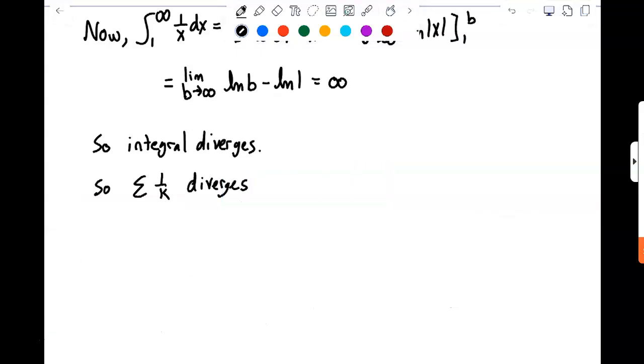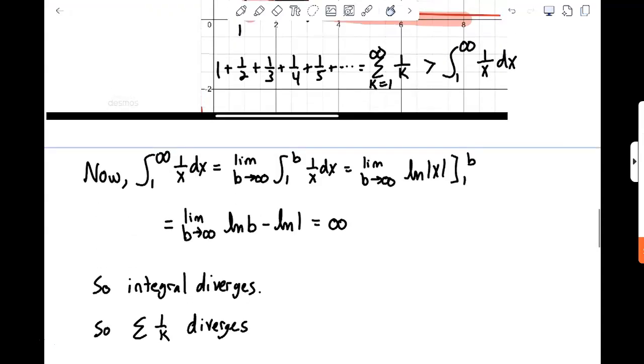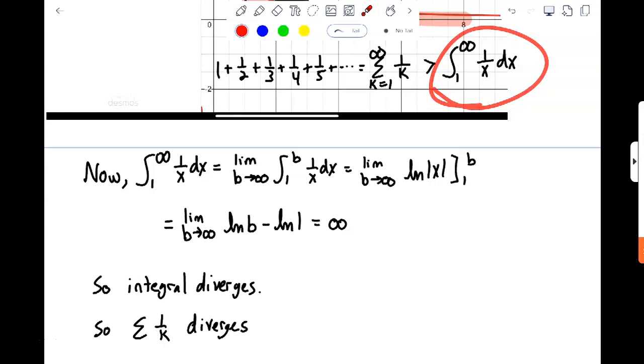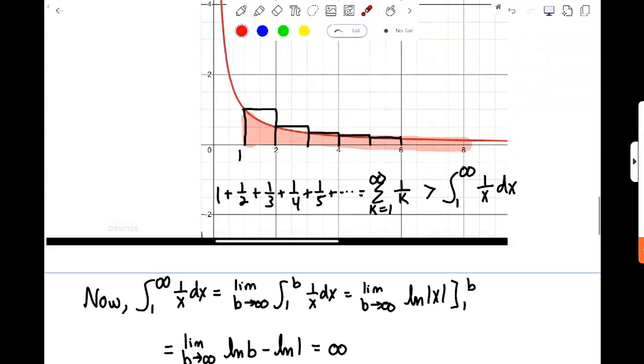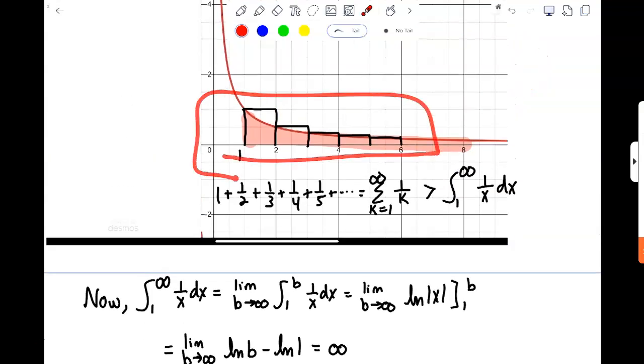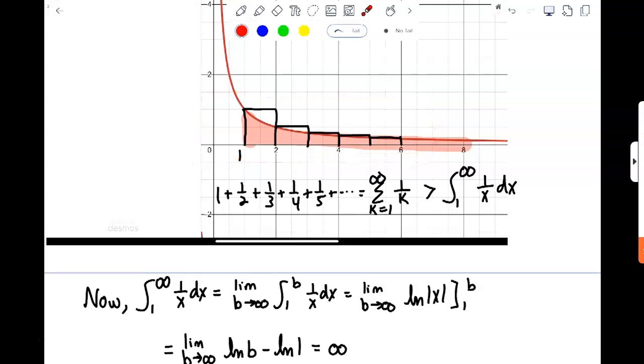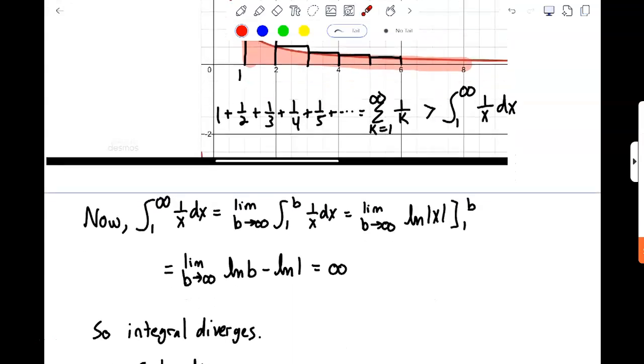So it turns out the harmonic series diverges. It diverges because the integral diverges, and we can show that the harmonic series is greater than the integral. Okay, so therefore, since the integral diverges, the harmonic series has to diverge as well.